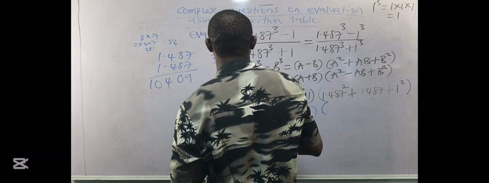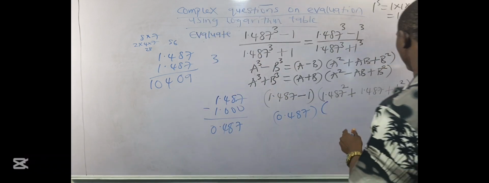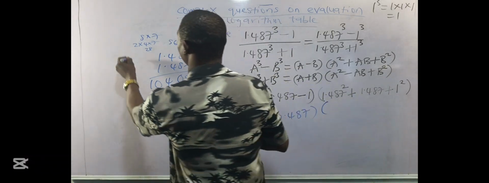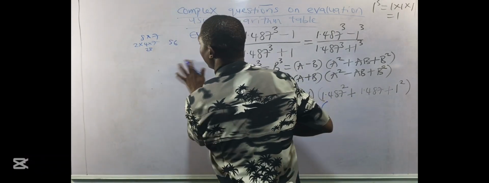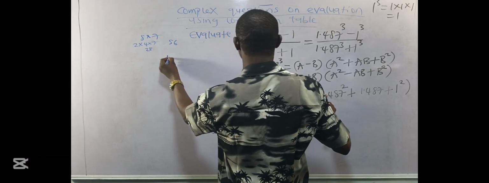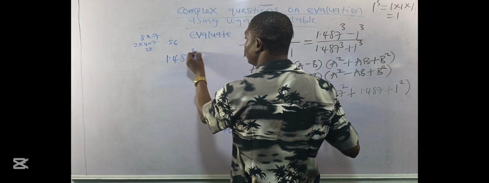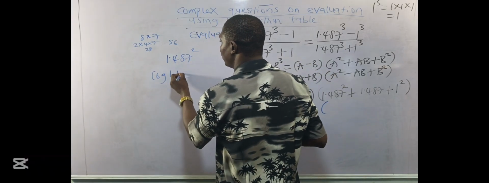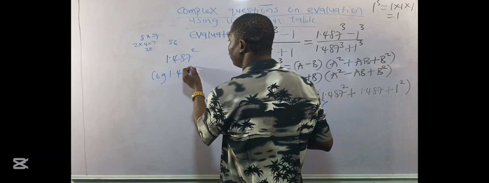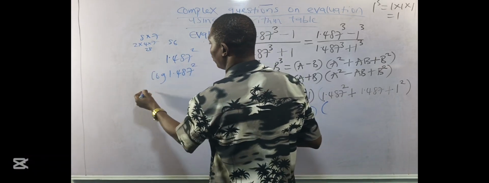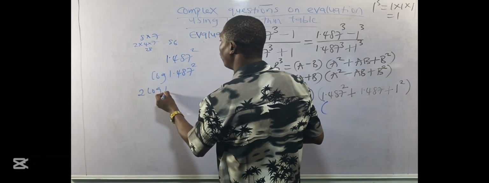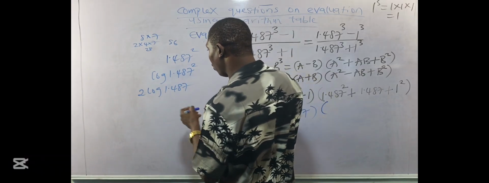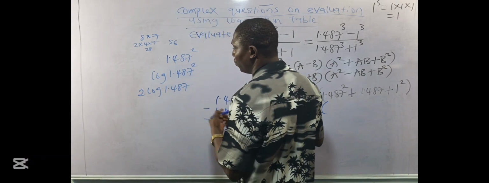So, to save our time with this, we can also use our log to get this. So, I have 1.487 raised to power 2. This is the same thing as saying log 1.487 square. Bring the 2 to the other side will give me 2 log 1.487. Now, let's check for log 1.487.